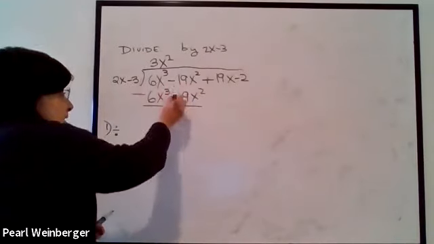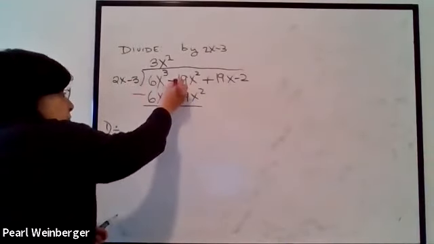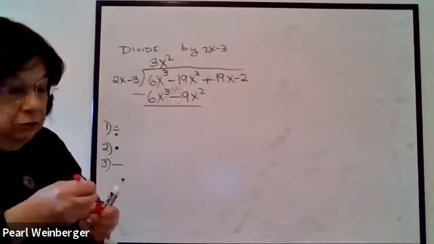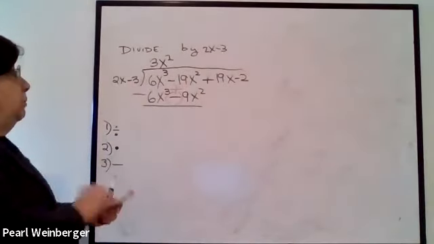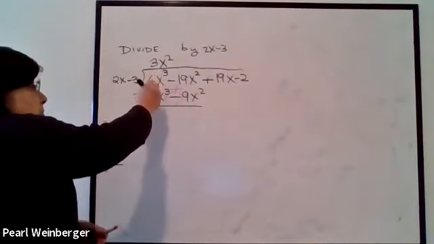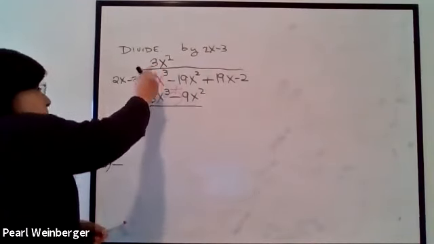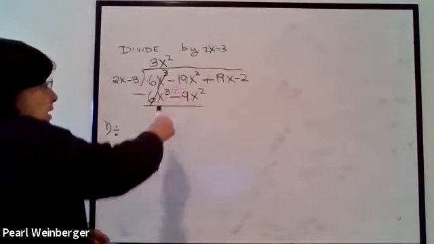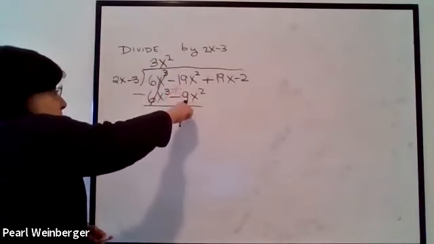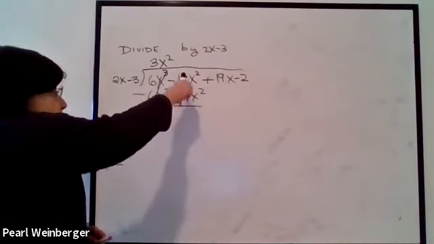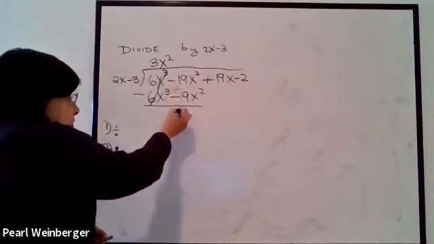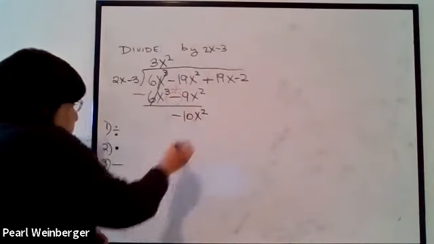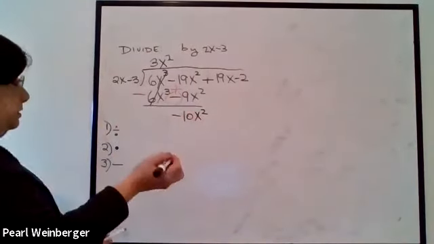And this 9x squared was originally negative, so it is becoming positive. So we change our signs so we can combine. And now the 6x cubed and negative 6x cubed cancel out. And negative 19x squared and positive 9x squared, well, negative 19 plus 9 gives us negative 10x squared. So we did the subtraction.